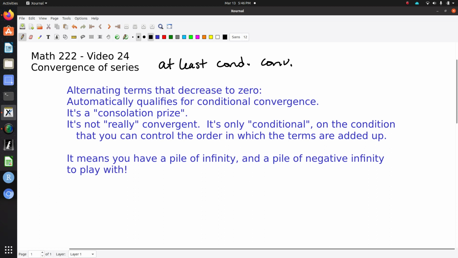But if you say it's just conditionally convergent when it could actually be absolutely convergent, then you're not telling the whole story. So you have to be honest. Just be honest with what you know and what you don't know. So say it's either convergent, it's absolutely convergent, it's conditionally convergent, or you can say the phrase, it's at least conditionally convergent if you're not really sure, but you've proven part of what you wanted to prove.